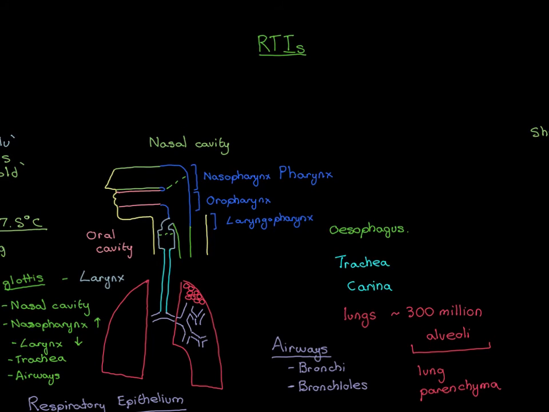Now, respiratory tract infections are often divided into upper respiratory tract infections and lower respiratory tract infections, and for short, upper respiratory tract infections are abbreviated to URTIs, and lower respiratory tract infections are abbreviated to LRTIs.